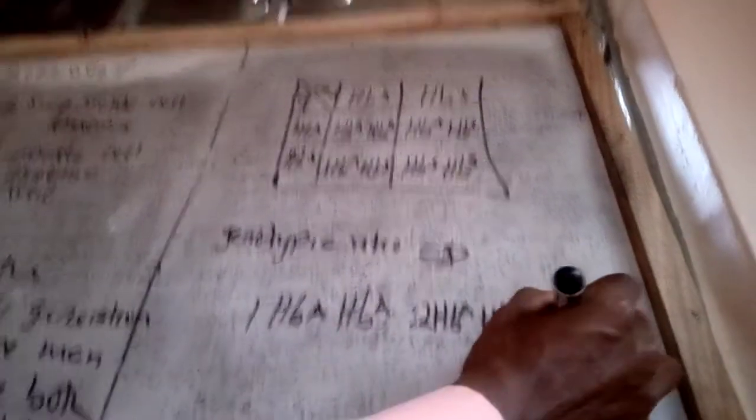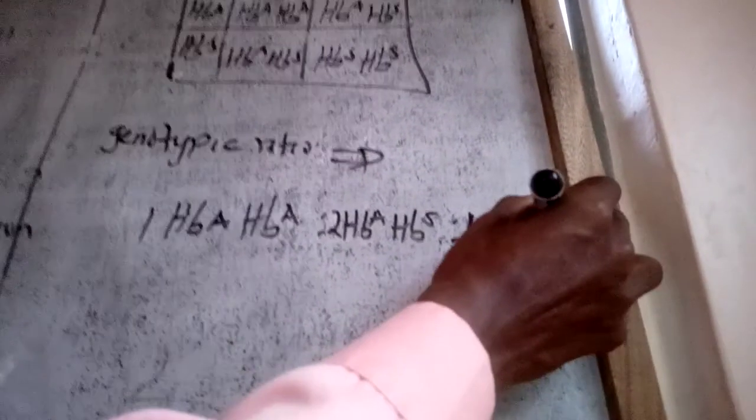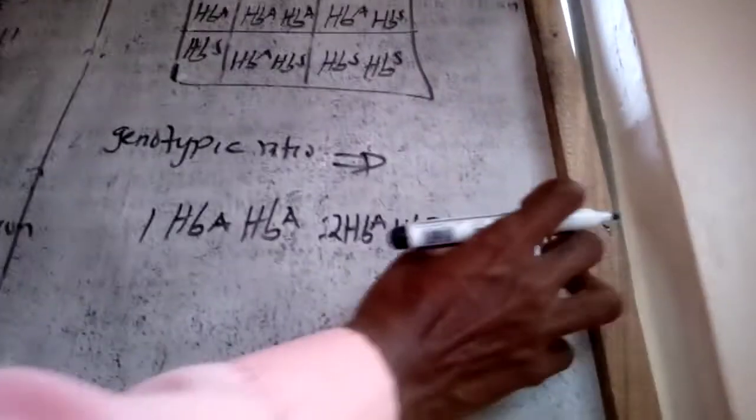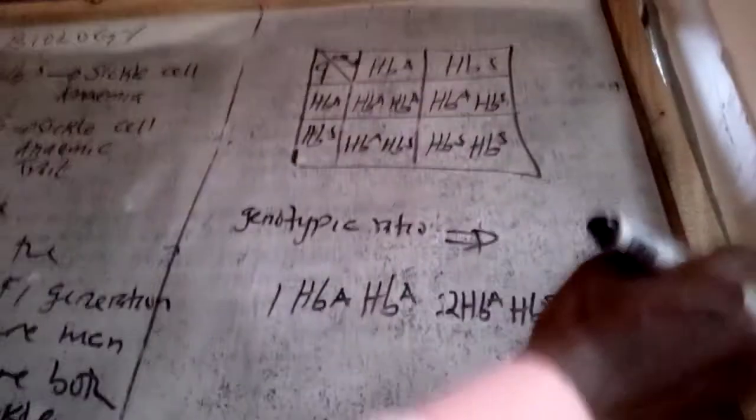Finally, you will have 1 HbS HbS, and that will be the third one. This refers to the genotype of the sickle cell anemic child.